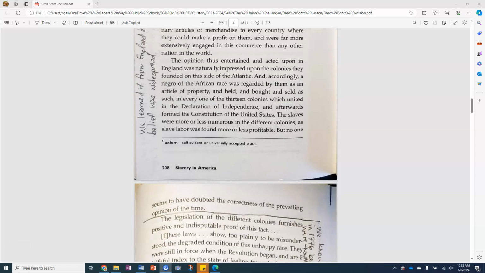And because they held black people as property, and bought and sold them, that happened in all 13 states, which is true. All 13 original colonies had slavery at some point. And that they were more or less numerous in different colonies as slave labor was more or less profitable.